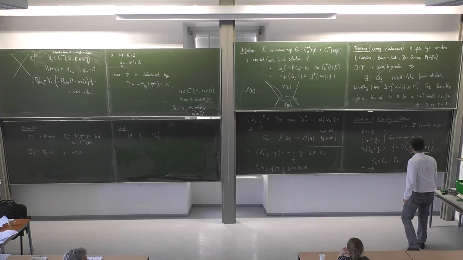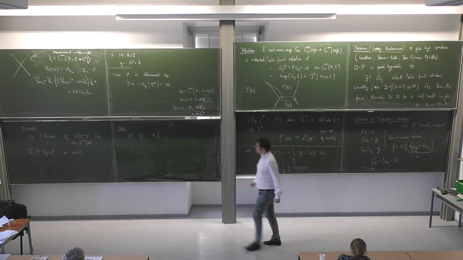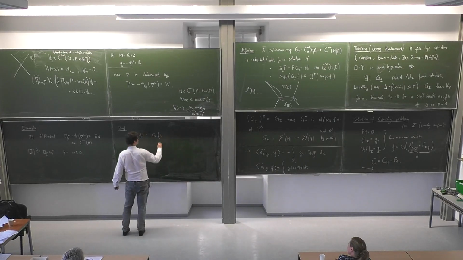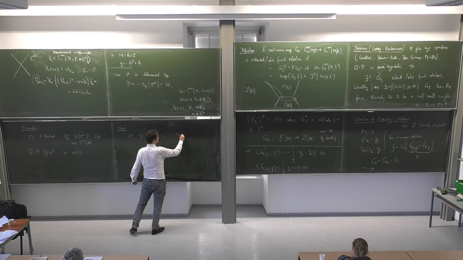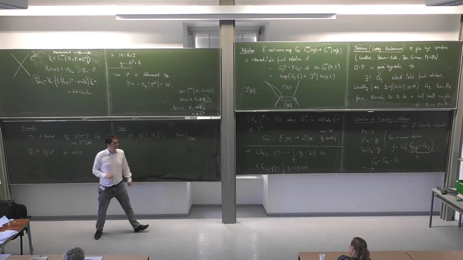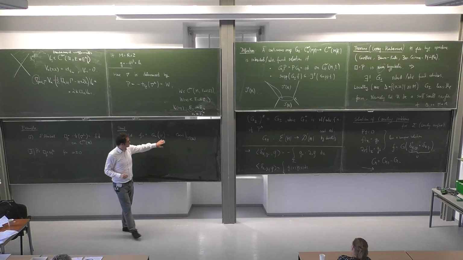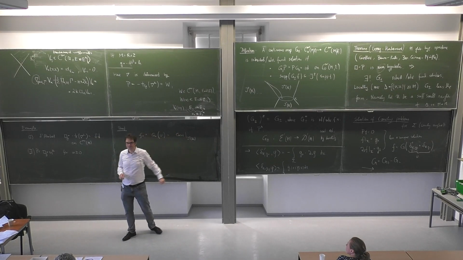U, okay, let's call it U, the distribution U. So this is this one here. And so I apply G plus to U, but that's just the same as G applied to U, and then I restrict it to the future of sigma. In the same way, G minus is just minus G restricted to the past.